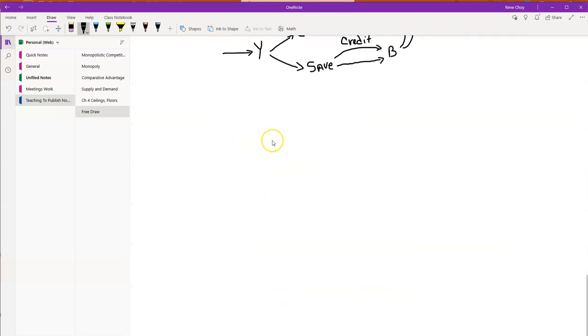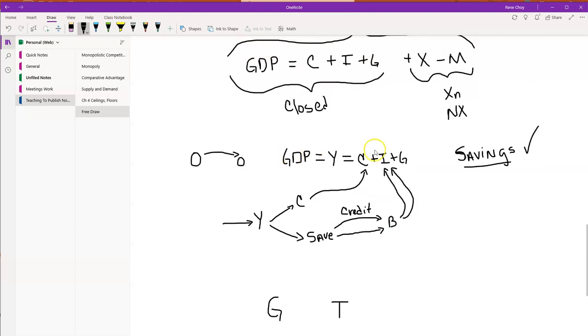All right, so to visualize that again, remember G and T, okay? So the government receives T. This is income for the government. They collect taxes. Then the government spends money, and that's what the G here is, okay?